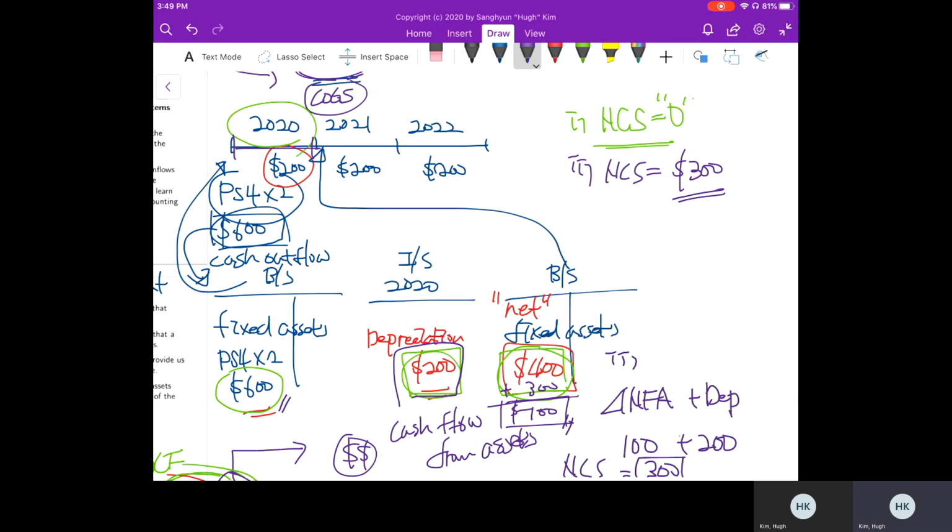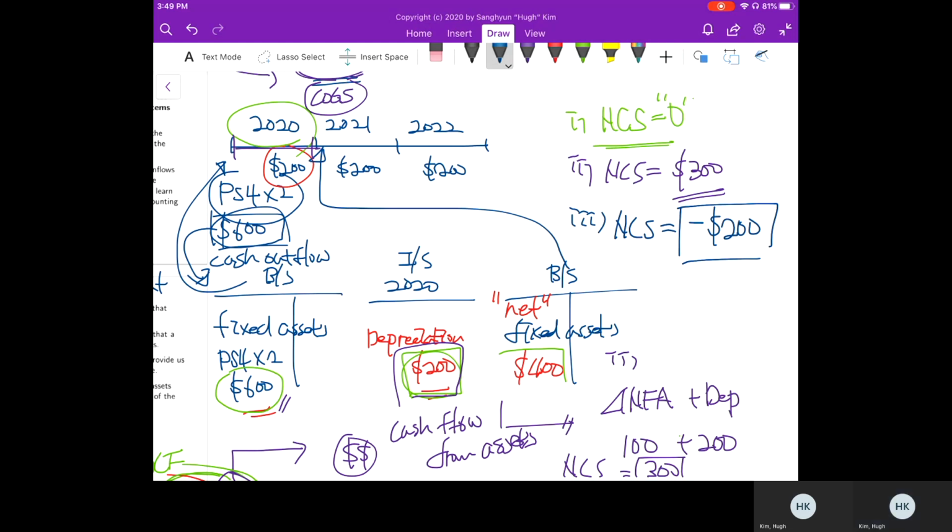And net capital spending could be negative if you decide to sell some of your assets. Let's say business is not going very well, so you decide to sell one of your PS4 consoles. You can sell it at, let's say, $200. So net capital spending is minus $200. So you subtract 200. Then net fixed asset is going to be $200.